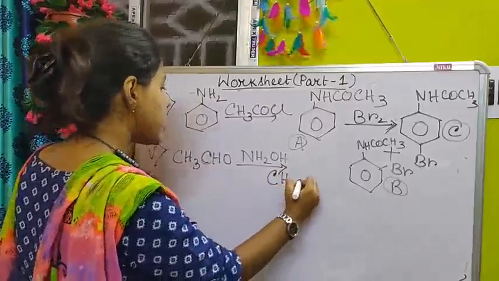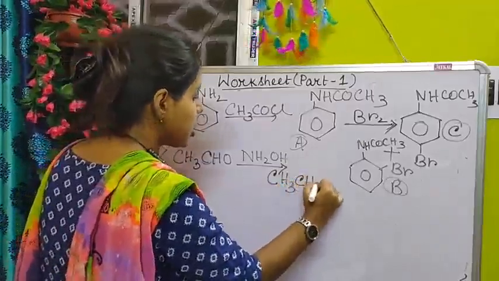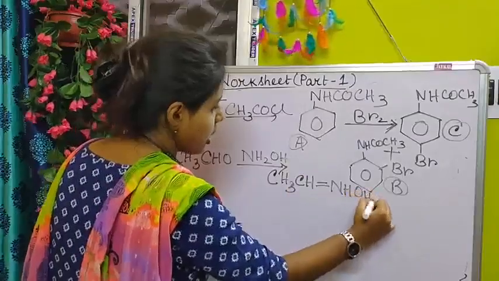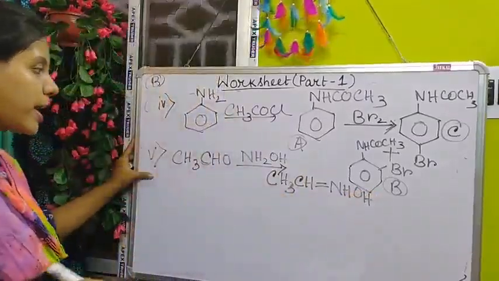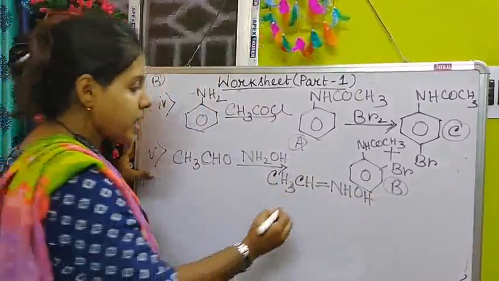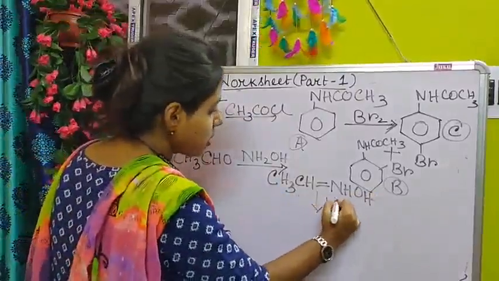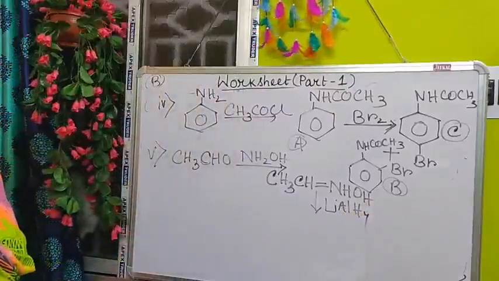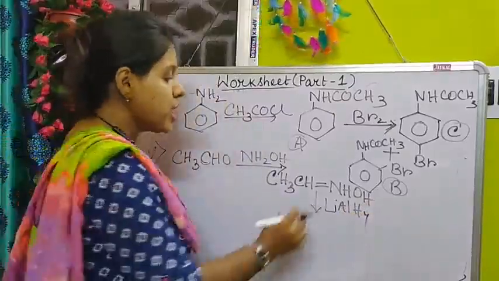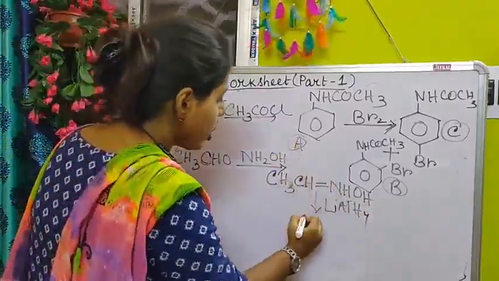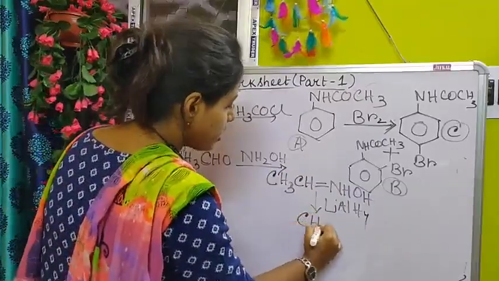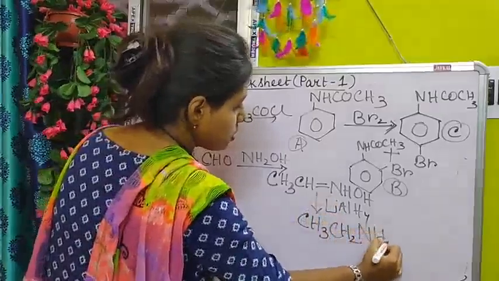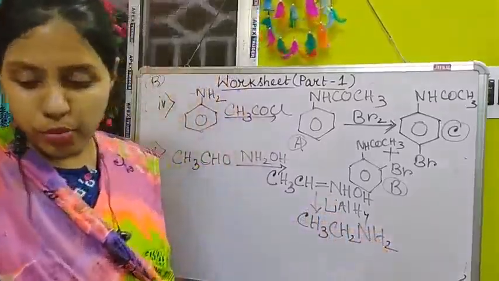So first CH3CH=NOH, this product will be formed from here. After that, when we add lithium aluminium hydride, there will be a reduction reaction, from which we get CH3CH2NH2. Okay, this type of compound will be formed.